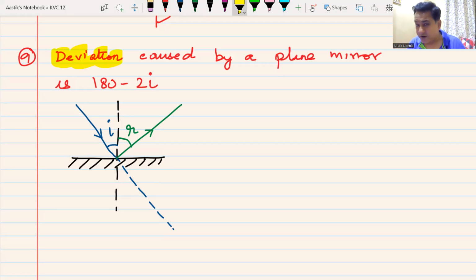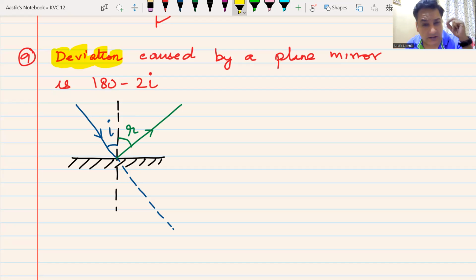This deviation will come in the concept of prism, how much deviation is caused by a prism, and then you will see why this term has come. This is not new. We have already discussed this. Can you tell me what is deviation? Bending of light ray? Not exactly correct. Deviation is an angle, beta.